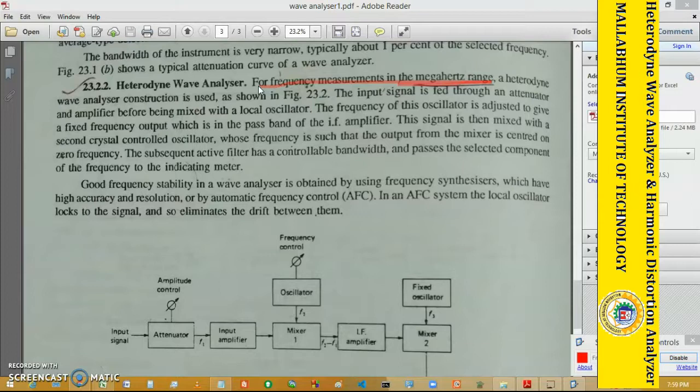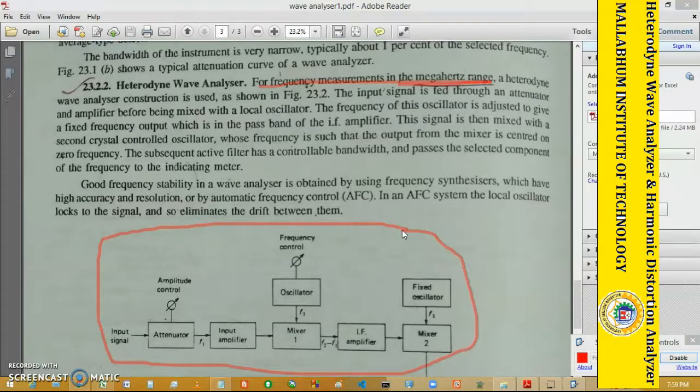The heterodyne principle is actually used in communication engineering. In communication engineering, you might have seen this type of block diagram explanation, the heterodyne receiver. In that case, the main principle is to mix the frequency, or shift the frequency from one range to another range, by mixing with a local oscillator.